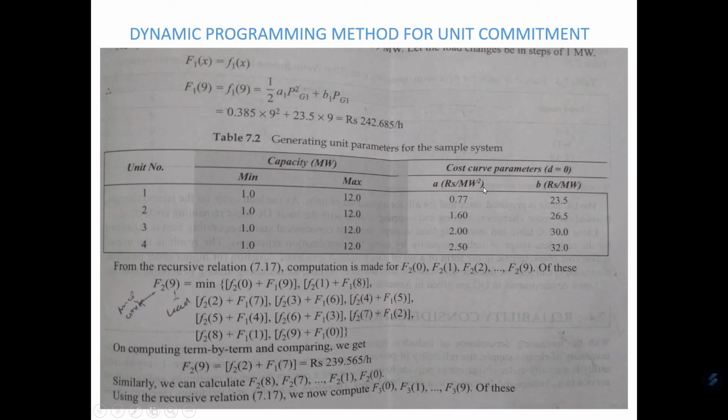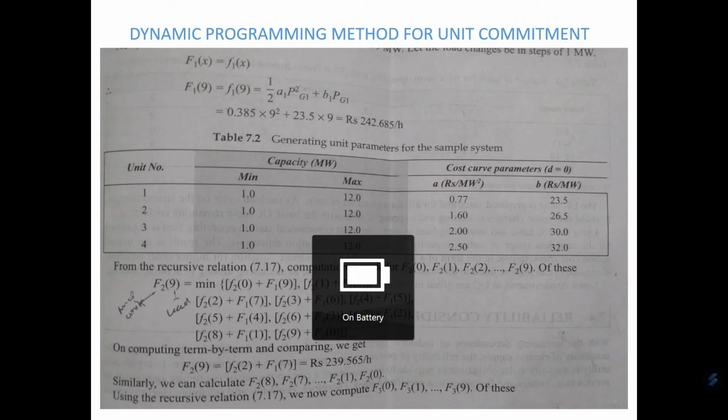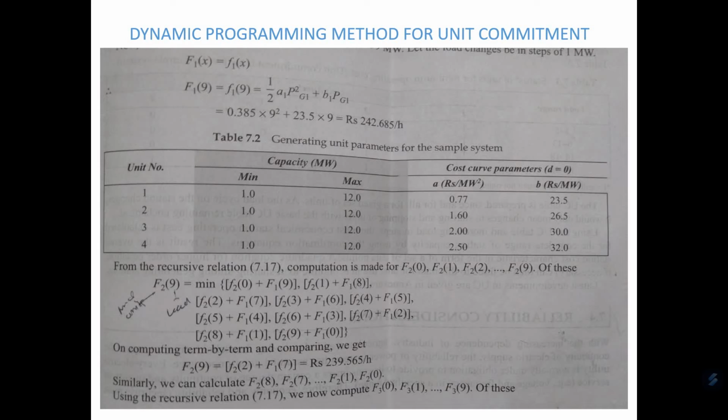The parameter A, having the unit of rupees per megawatt square, is 0.77 for the first unit, and B is 23.5 for the first unit. Similarly, the A and B constants for the second, third and fourth generators are shown here.